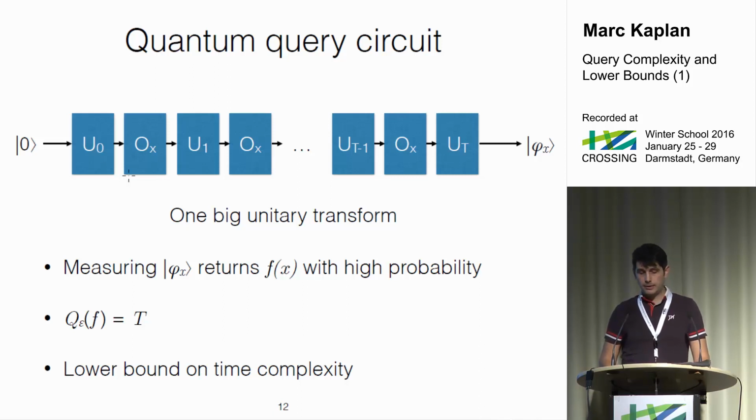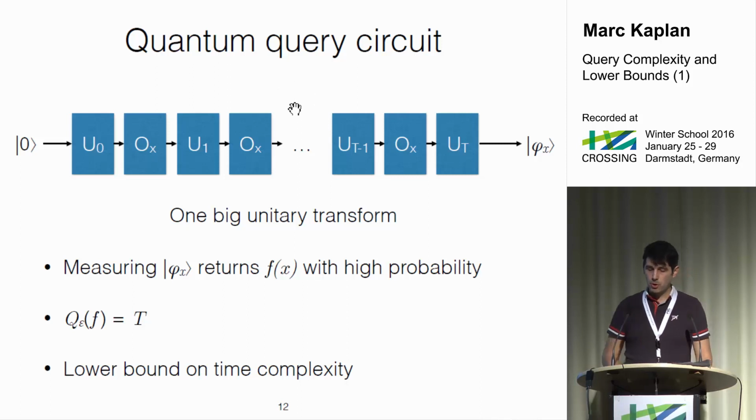However, I distinguish the gates. There are two types of gates here. The unitaries U_i don't depend on the input to the problem x. It's only these query oracles that depend on x.